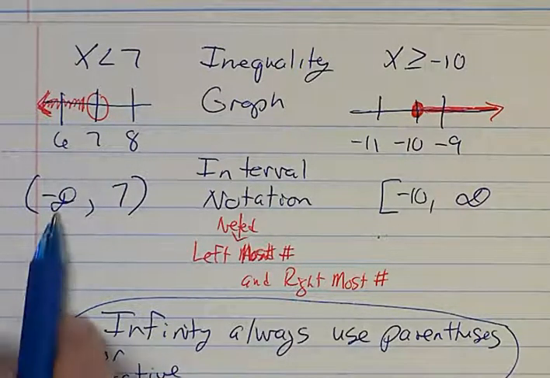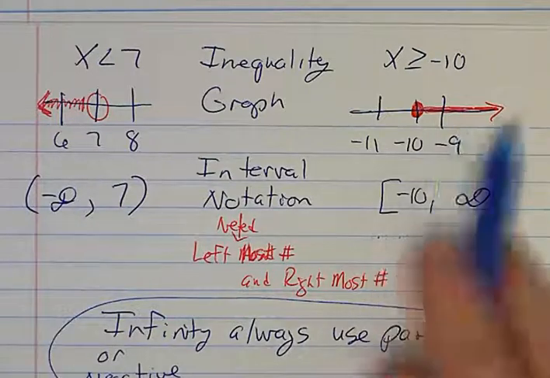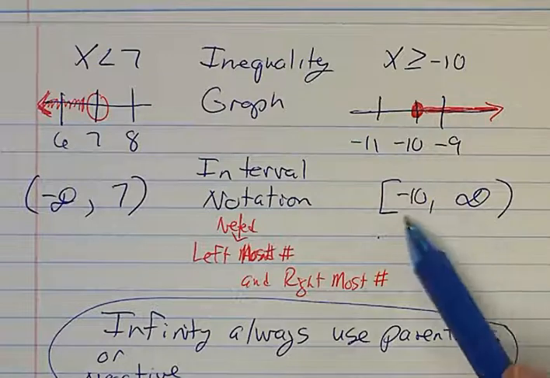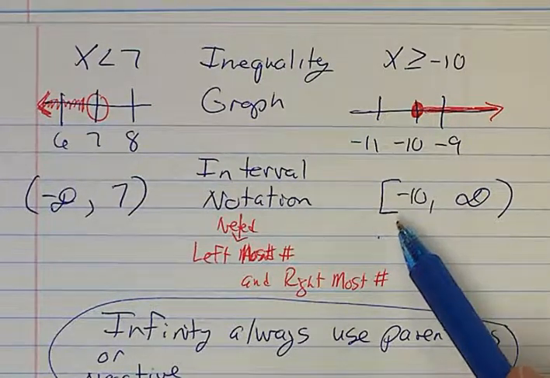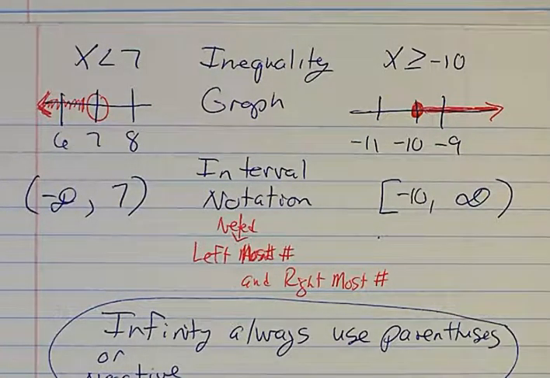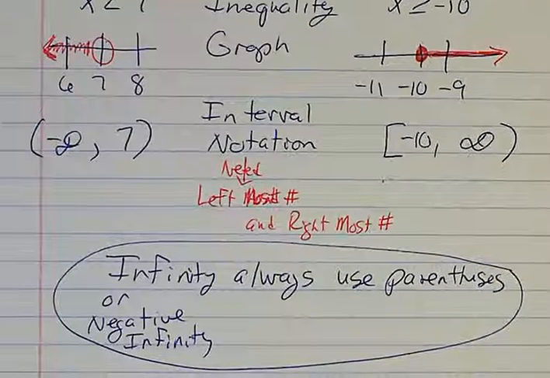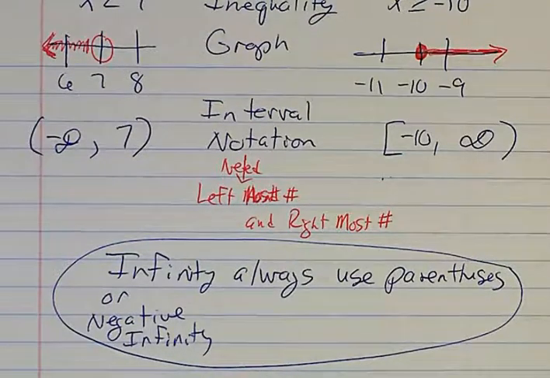So whether you're using negative infinity because it's pointed to the left or positive infinity because it's pointed to the right, you're always going to use a parentheses. A bracket means you stop right there. So brackets mean there is a definite stopping point. You have to stop at negative 10. Can you stop at infinity? If you give me a number and add one more to it, you can always go further. So no matter what you do with infinity, you can't stop at infinity. It just keeps going forever. So that one you always have to use parentheses on because there is no stopping.